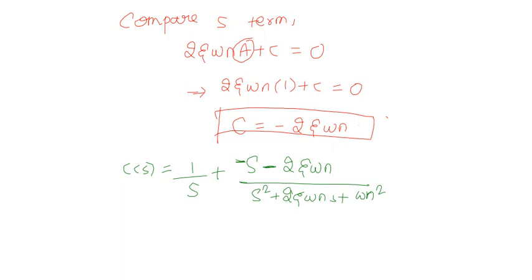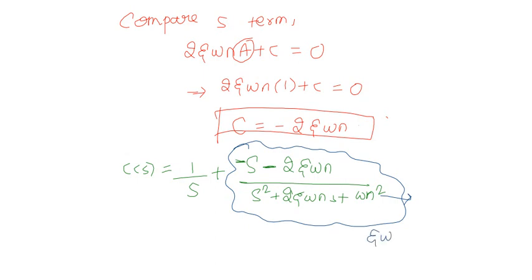After this, in the denominator of the second term, in order to simplify this equation, I am adding zeta omega n whole square and I am subtracting zeta omega n whole square.